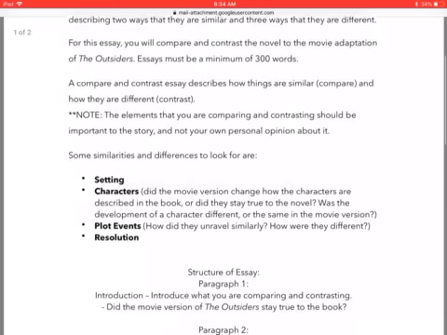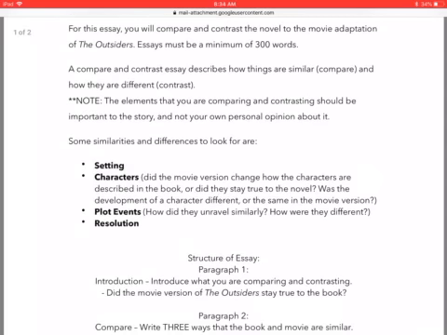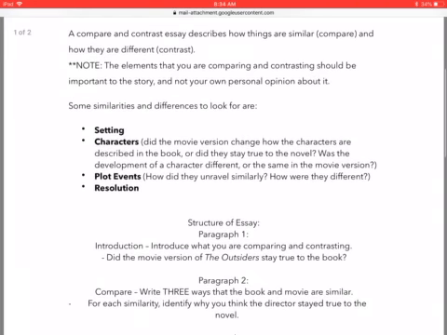For this essay, you will compare and contrast the novel to the movie adaptation of The Outsiders. Essays must be a minimum of 300 words. They will for sure exceed this because it's a 4-paragraph essay.